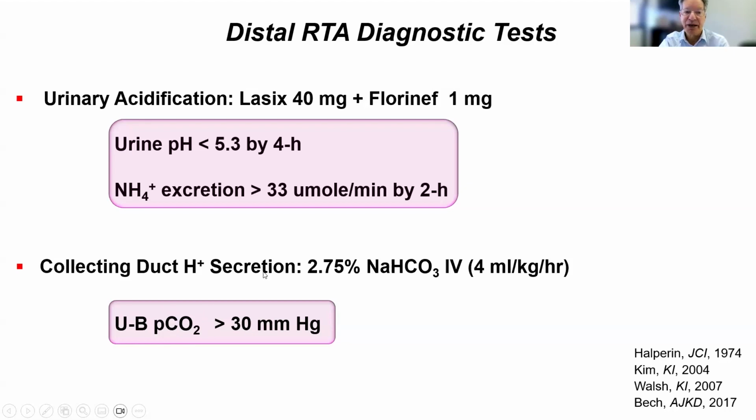So if I give any of you bicarbonate and get it high in the urine, the PCO2 in your urine will go to 70, and that is felt to be a reflection of proton secretion. In patients with distal RTA, it stays the same as the blood, or very close. It stays at 40. It's called the U-B PCO2 test. But nowadays, Lasix is really the definitive way to do it.